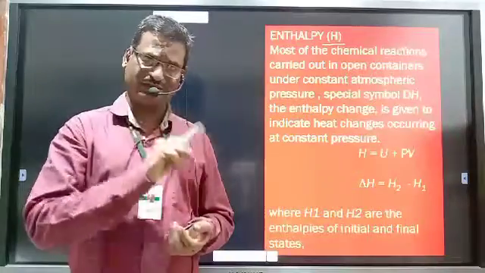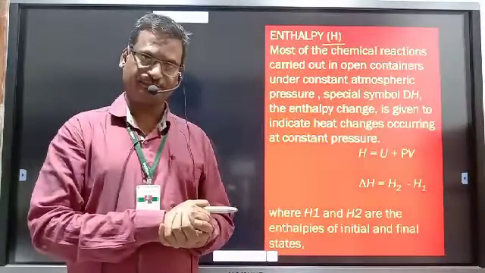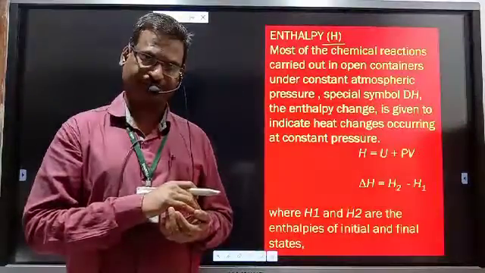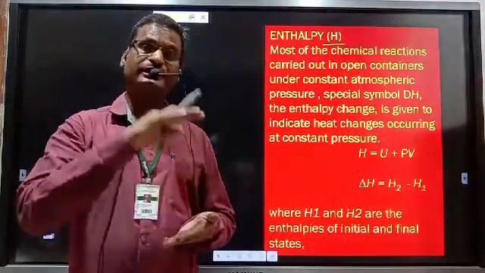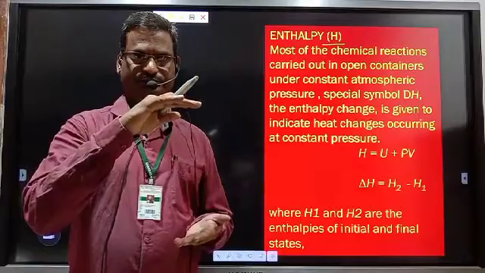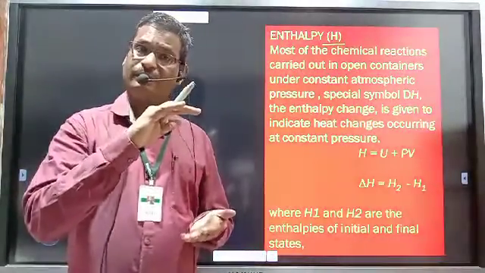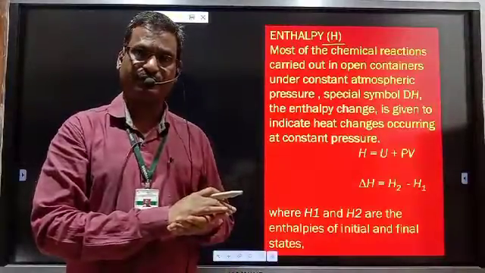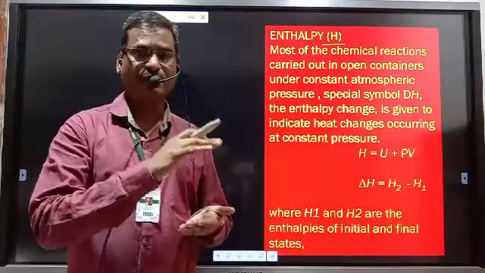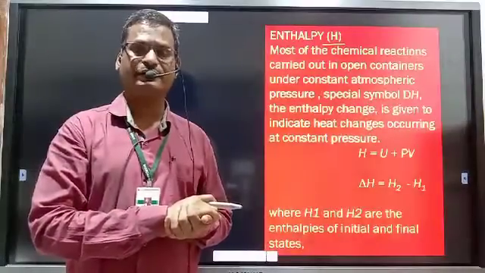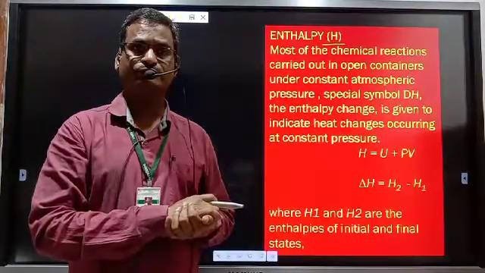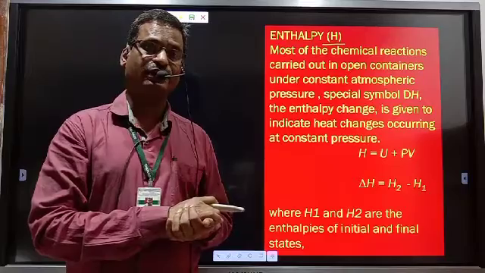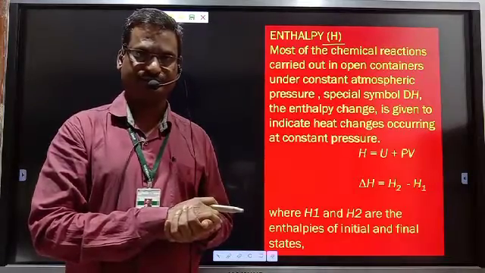Whenever two reactants are added together, if efflorescence is observed, an increase in volume takes place. If precipitation takes place, there is a decrease in volume. So either an increase or decrease in volume takes place during any chemical reaction, but that chemical reaction is carried out at constant pressure.